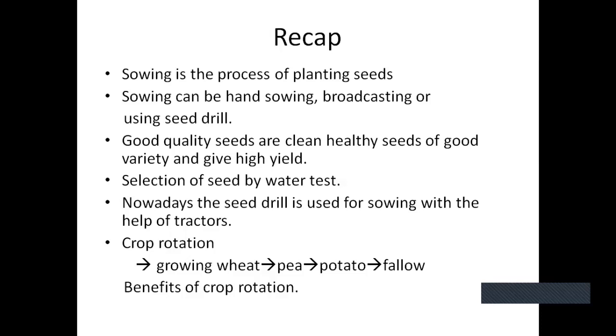Then you can grow potato, and then keep the field empty for one season, and then again grow wheat. This is how crop rotation is done in India. So what are the benefits of crop rotation? The soil gets its nutrients back, and many more benefits I have already explained to you.